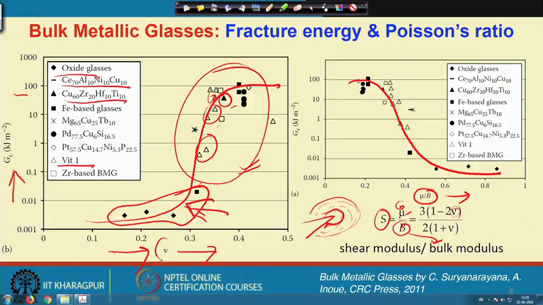This Poisson's ratio also indicates that a crack tip which is a little bit sharp gets blunted as the Poisson's ratio increases. So, instead of a very sharp tip, we can increase the plastic zone and get a higher fracture energy. This is the physical significance of the mu by B ratio: instead of extending, the crack tip basically gets blunted.